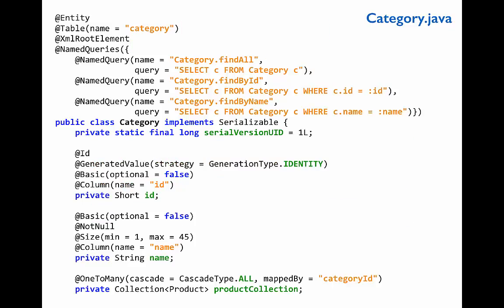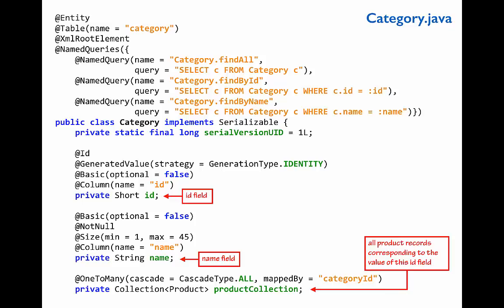This class has 3 fields. 2 of them, id and name, correspond to the column names of the category table in the database. The last one, productCollection, corresponds to a collection of all products in the product table that have this entity's id as their category ID. Remember that the product table has a column called category_id that holds foreign keys, namely the IDs from the category table.